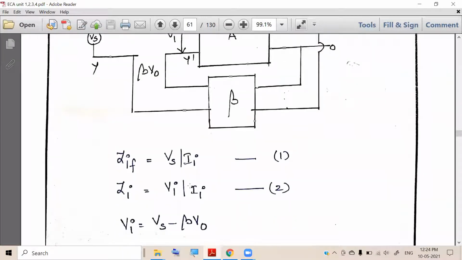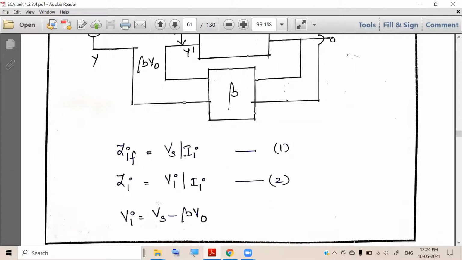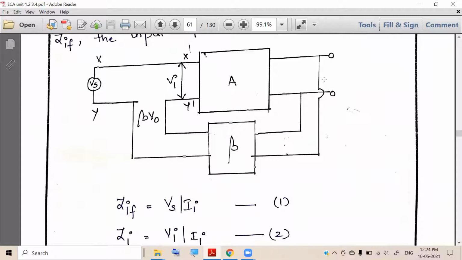Then for negative feedback, Vi is Vs minus beta V naught. Next, V naught we can write as A into Vi.